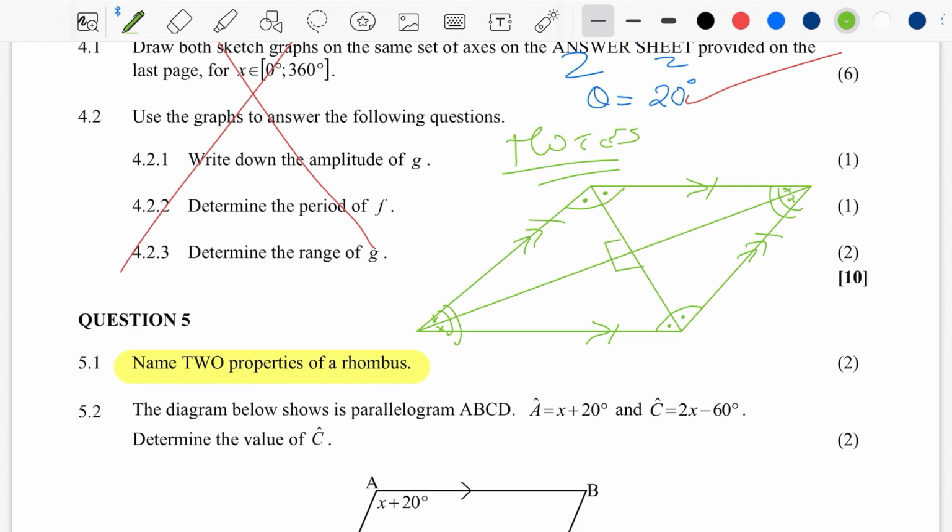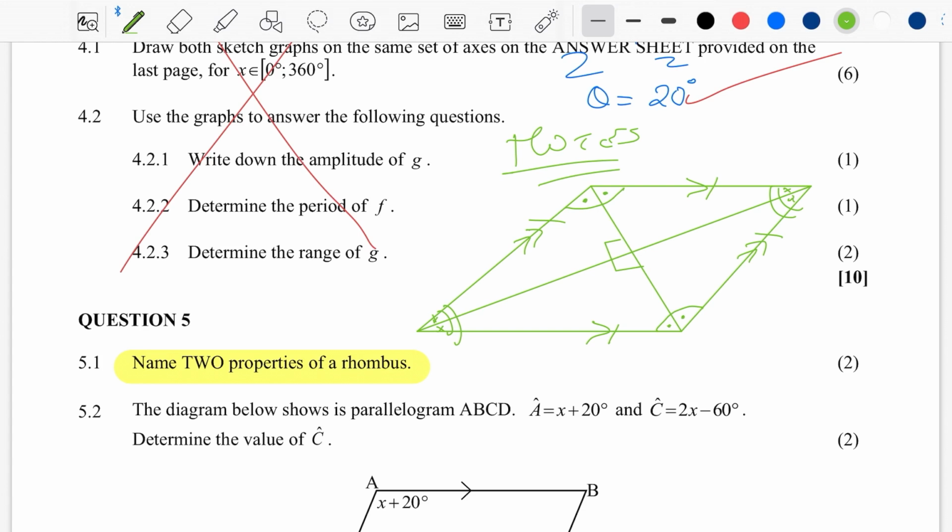Second one is all sides are equal. Third one is the line bisects the angles. And also the lines that are bisecting angles form a right angle, or a 90 degrees angle.